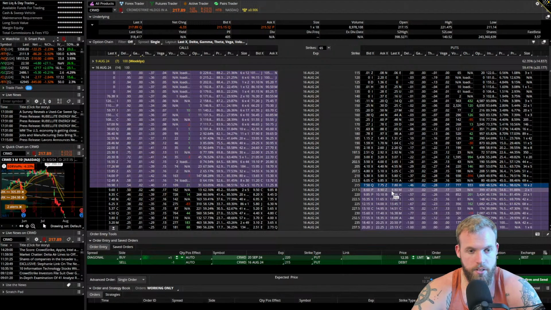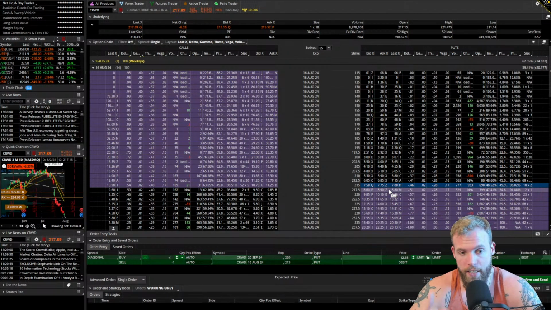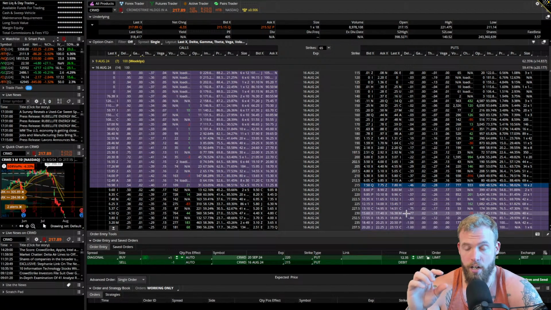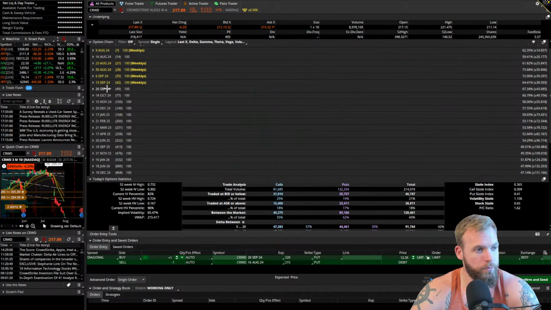So it creates a scenario where the underlying itself can move too far in your favor once your deltas essentially approximate whatever their maximum variance is going to be. And a lot of that is based on the gamma.